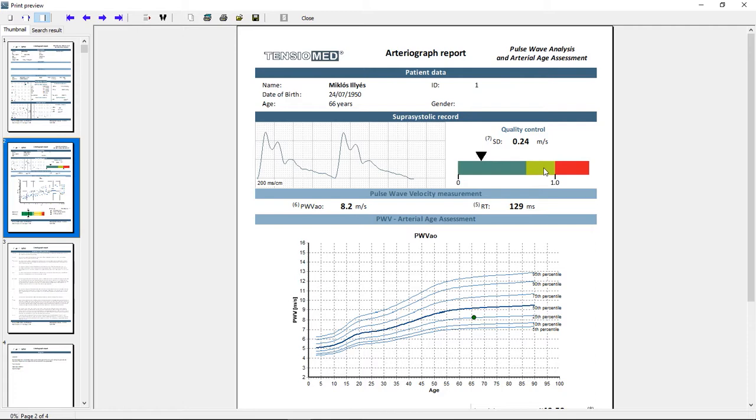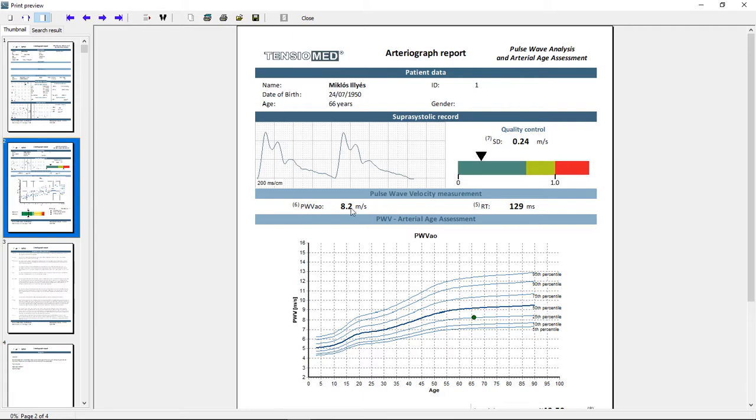If it falls in the yellow, between 0.7 and 1 meter per second, the measurement is questionable, but if it falls in the higher range than 1 meter per second, which is the red zone, we have to repeat the examination.